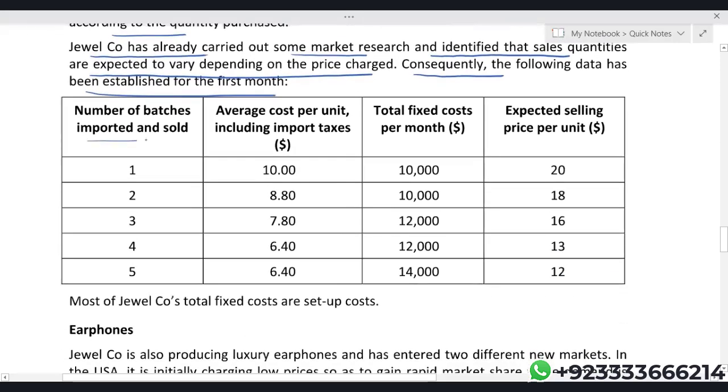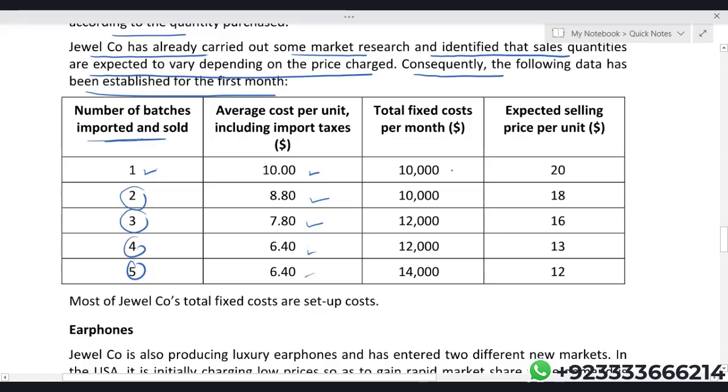Number of batches imported and sold. For 1 batch, the average cost per unit including import taxes is 10. If you're going for 2, your average cost will be 8.8. In case of 3, this. So we can see that after 4, the average cost remains the same.